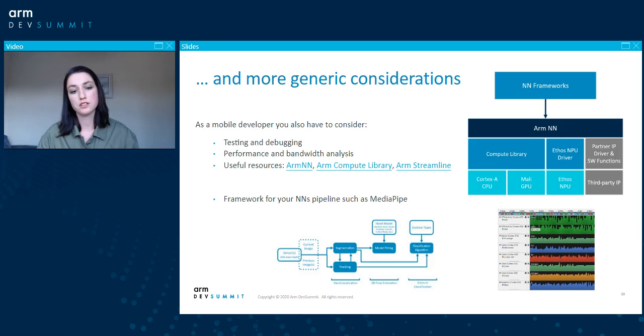So now that we've done all these considerations, you have to remember that we are talking about a complex pipeline. You will be experimenting a lot. You will be debugging and testing. I recommend taking a look at some of the ARM tools, such as ARM NN and ARM Compute Library, especially when you're trying to optimize your application and also to decide which is the best unit to run on in terms of CPU, GPU, NPU, etc. And you will also have to profile with something like ARM Streamline.